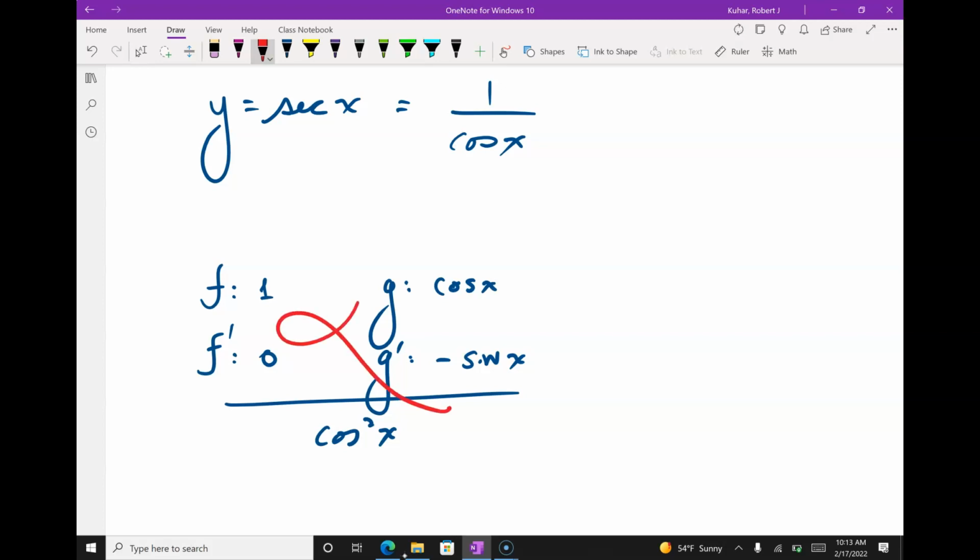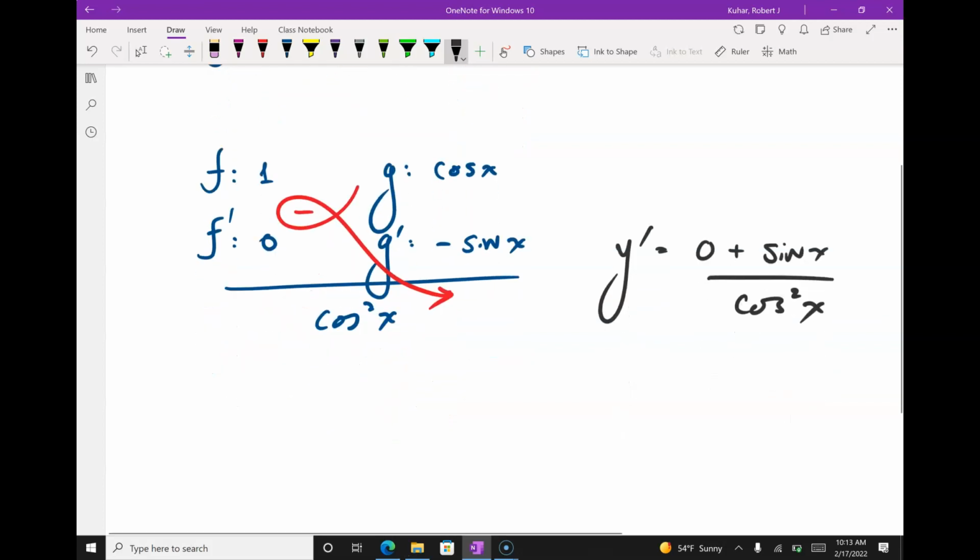So I need this quotient rule with a negative, right? But you see my first term is 0 anyway, yes? So I get y prime is 0, double negative is plus sine of x all over cos squared of x. Now I know what I'm trying to get to, so I got to think a little bit here, right?